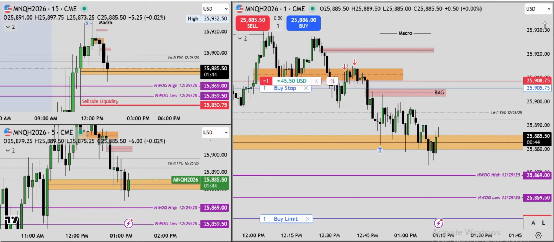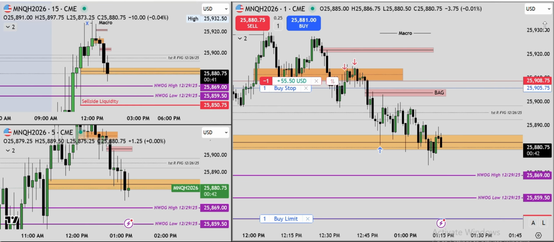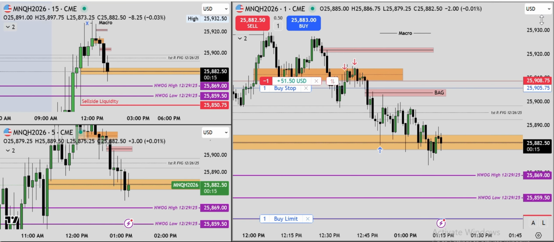And this is where I start to question if it's actually going to reach my target. I thought the close below that gap would kind of secure it, but we started to close in the upper half of that inversion fair value gap.